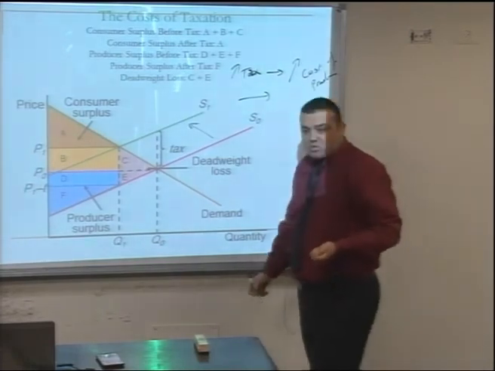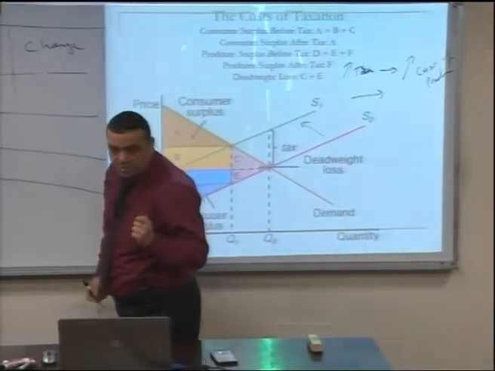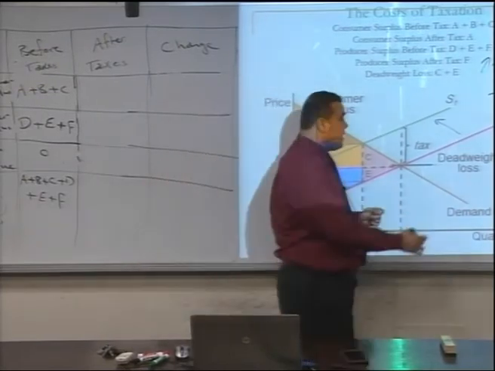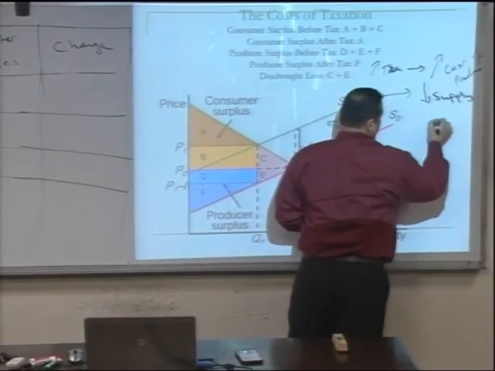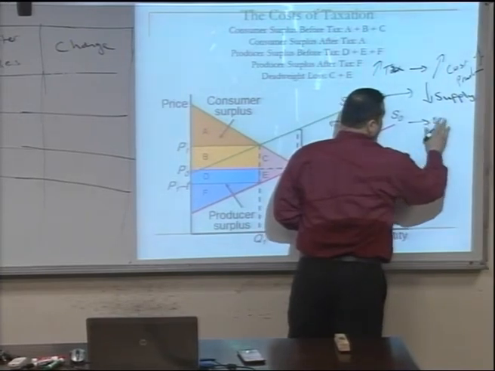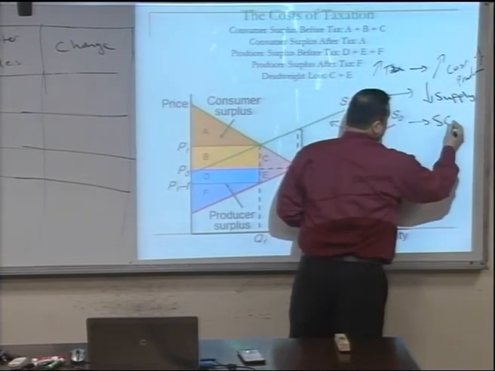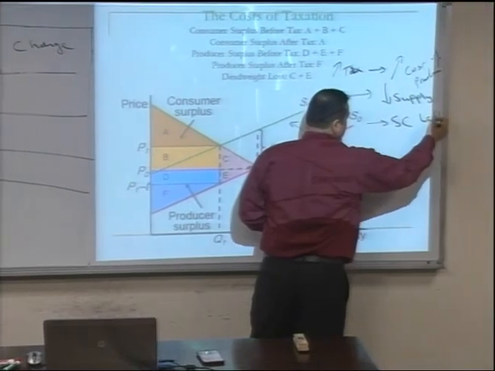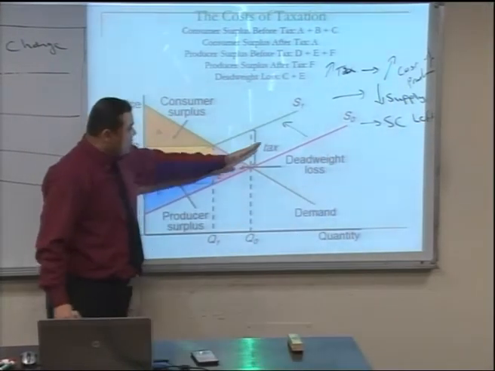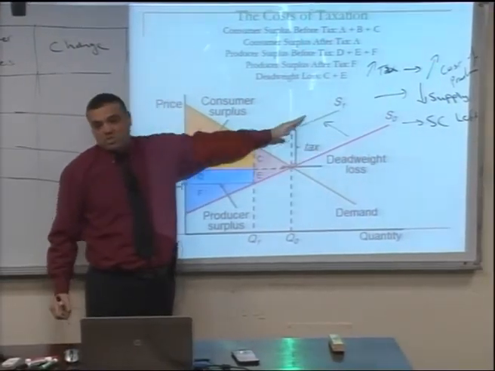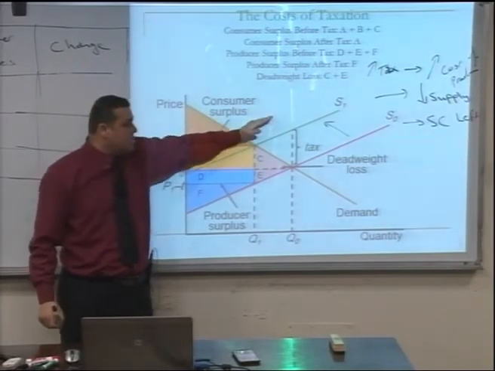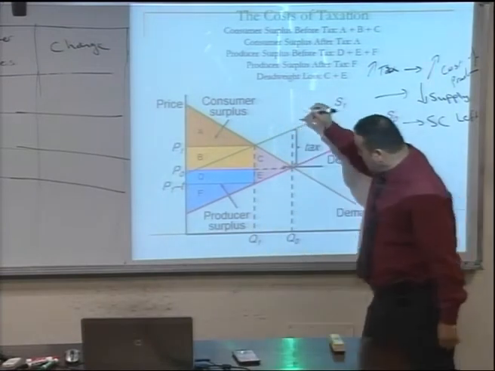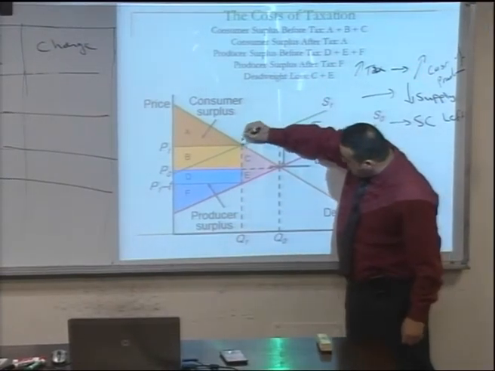The ability to produce goes down, the willingness to produce goes down, so supply declines. So the supply curve shifts left from S0 to S1. What is the new equilibrium point? The new equilibrium point is, let us assume, E2.